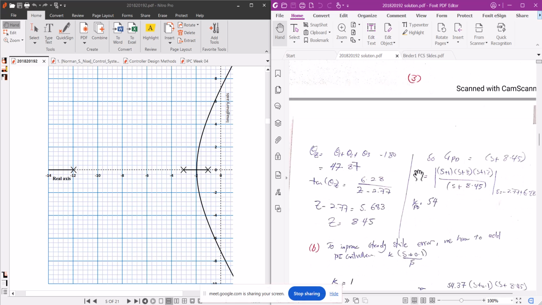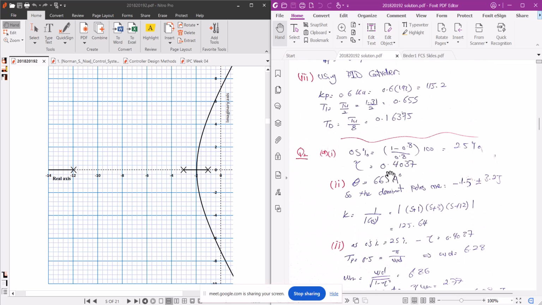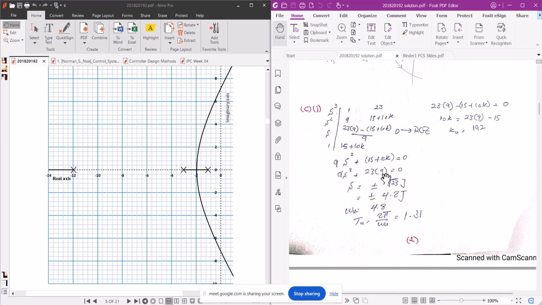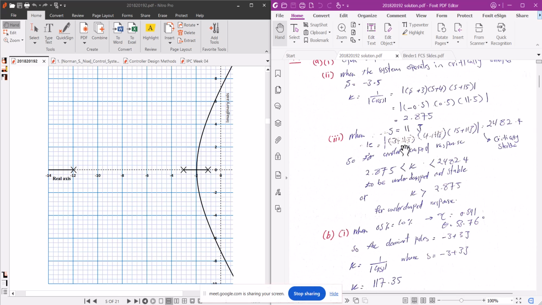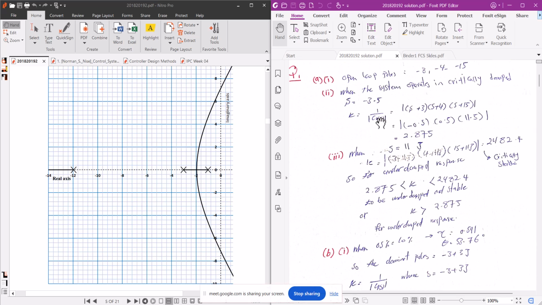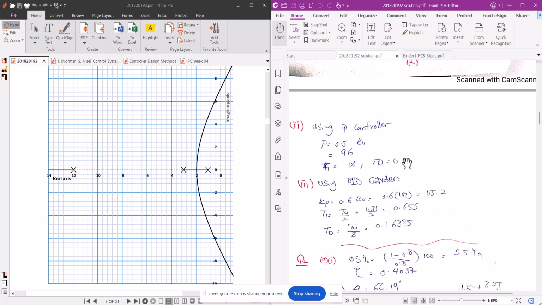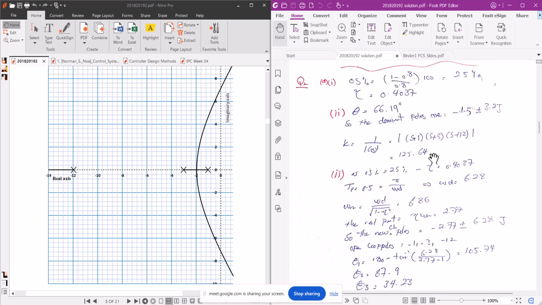It's the same formula for the gain. Take the inverse of the transfer function, s plus 1, s plus 3, s plus 12 over, because it's a reciprocal. K is equal to 1 over the magnitude of the open loop transfer function. This is how you get your desired value.